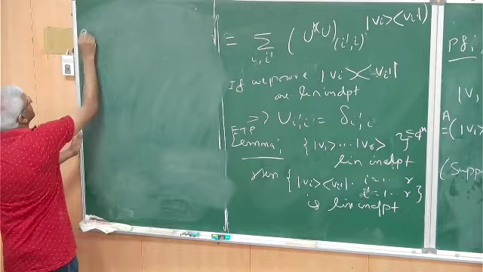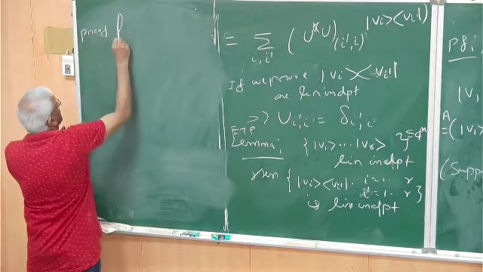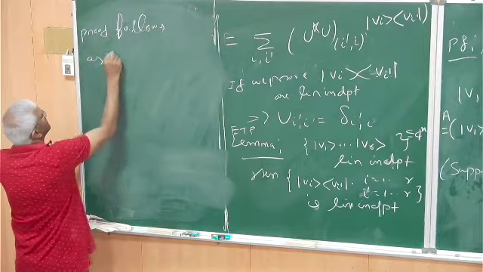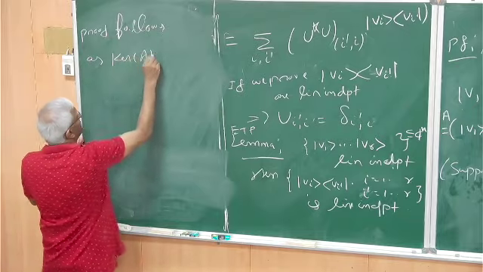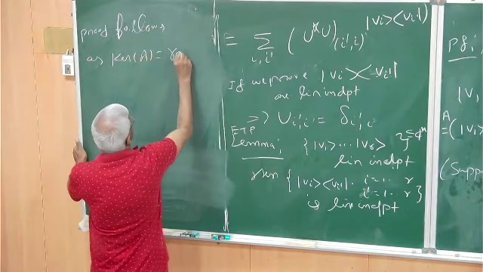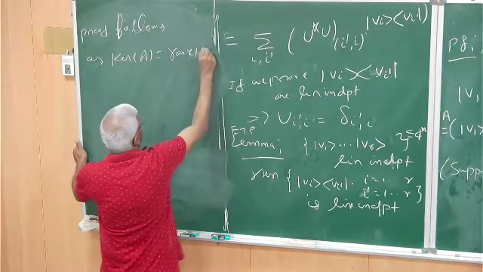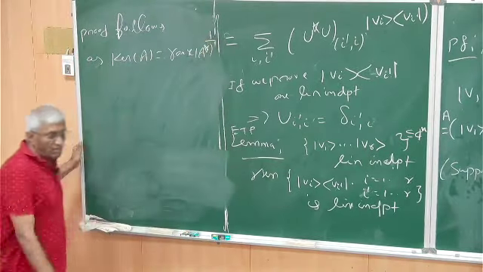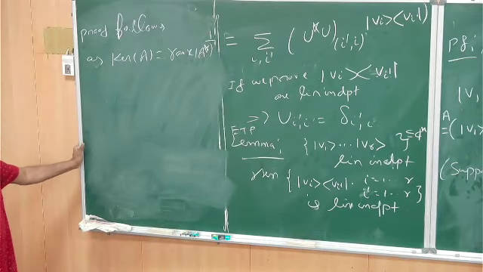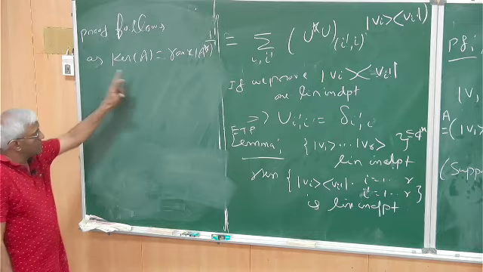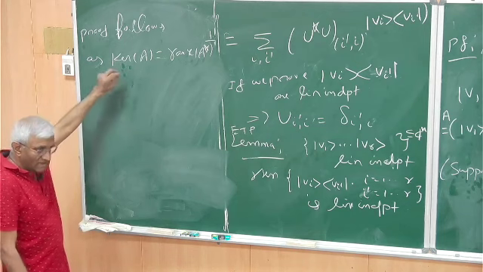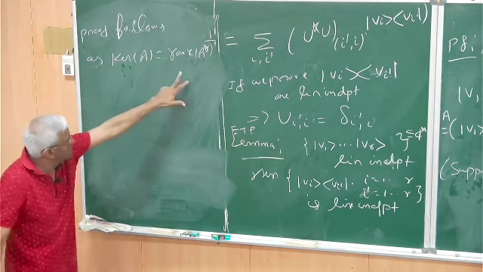So the proof follows as the kernel of A is the orthogonal complement of the range of A star. If A is injective, the kernel is the trivial singleton 0, and that will be everything.